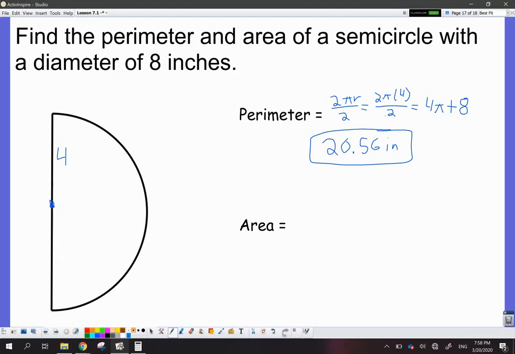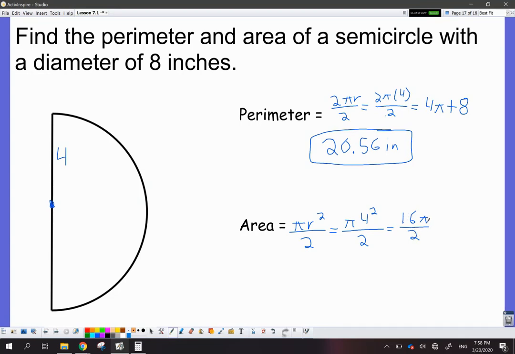Now for the area, it's simpler because all I need is pi r squared and that divided by 2. So r is 4, our radius is 4, so we get pi 4 squared, divided by 2. 4 squared, 4 times 4 is 16, so I end up with 16 pi divided by 2. Now in this, since I have a 16 and I have 2, I can just divide those numbers.